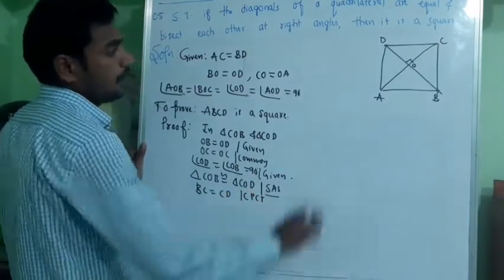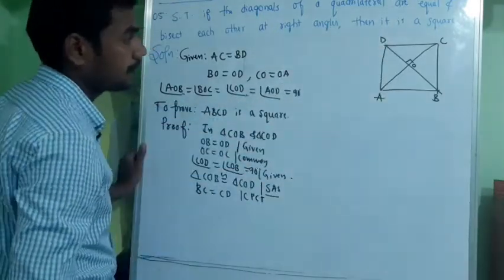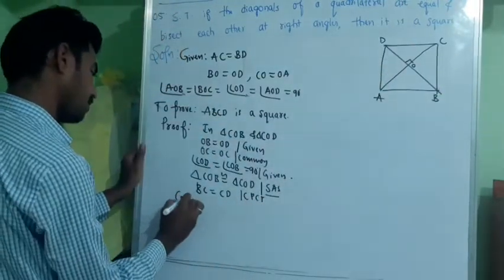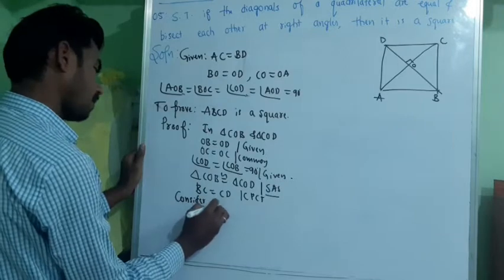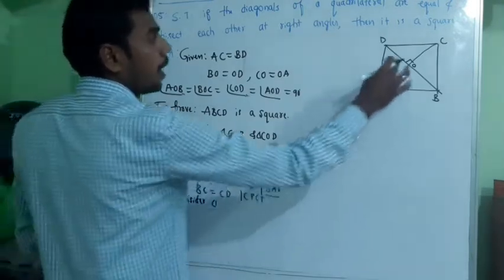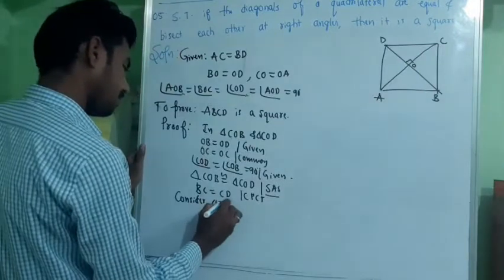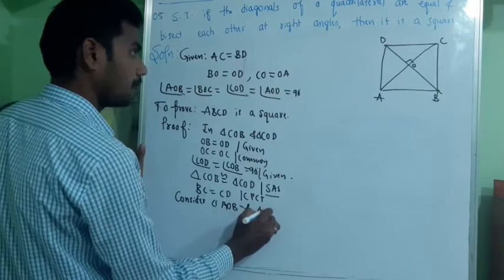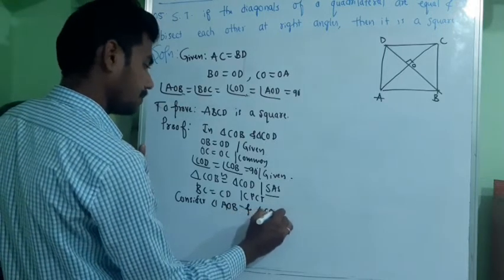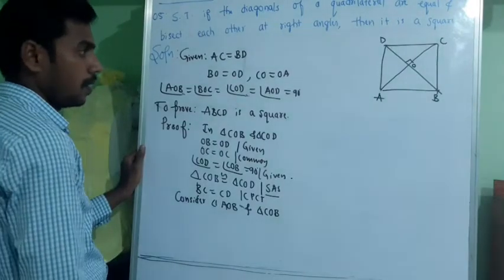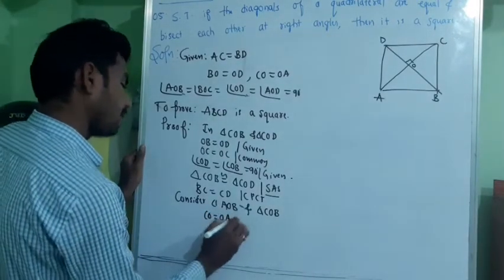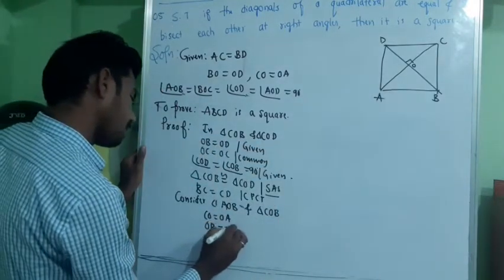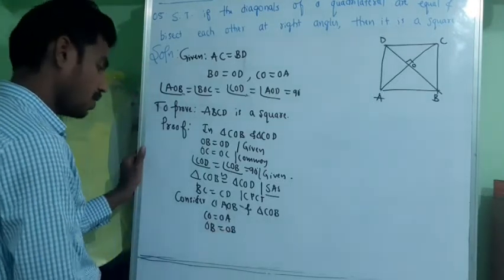Now consider triangle AOB and COB. Here also CO is equal to OA and OB is common, and angle AOB is equal to angle COB is equal to 90 degrees.